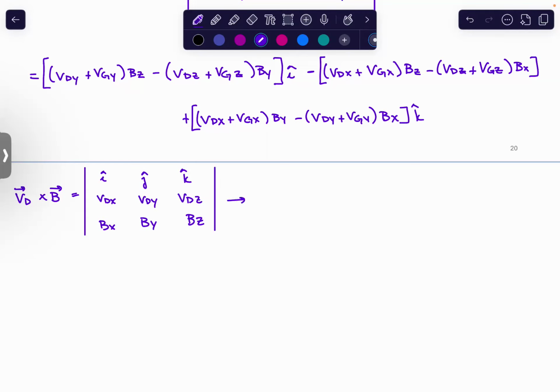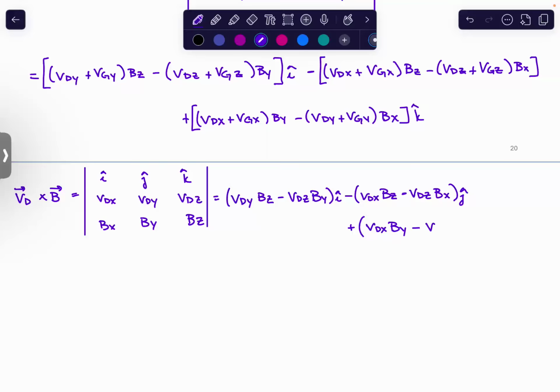When you work this out, what you're going to get, you get that once you work it all the way out.